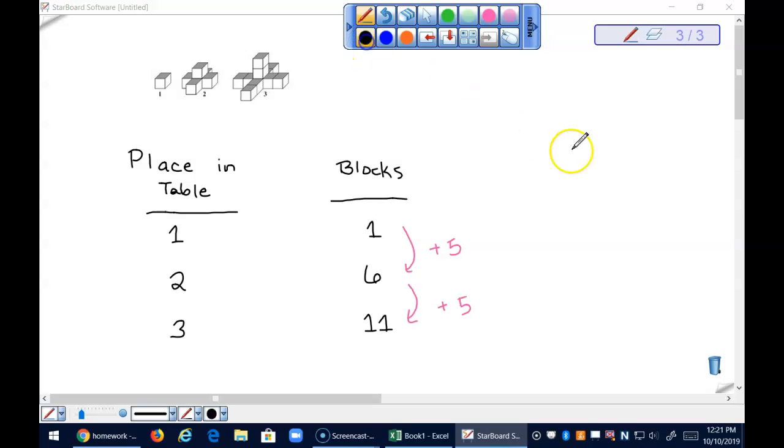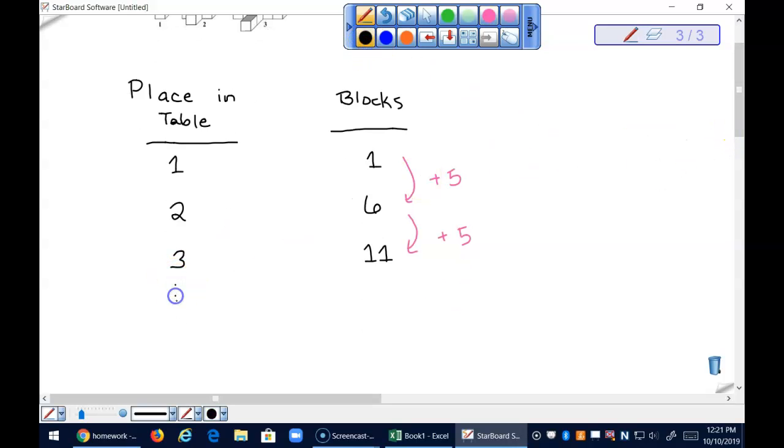So what we're wondering now is if we continue this pattern, what's going to happen? So this plus 5, plus 5, plus 5, we've seen that before. There were a whole bunch like that we did during class the first day. So what's going to happen with that 5 in our formula?